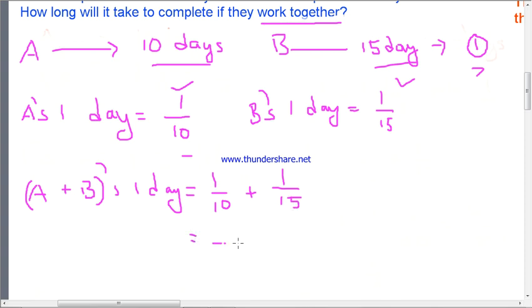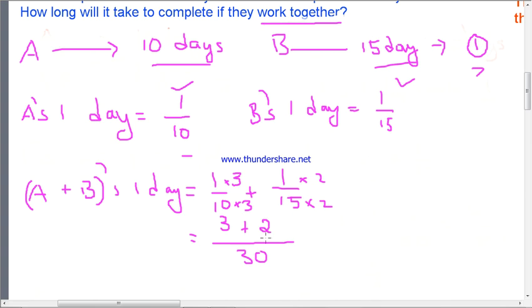So add these two. The LCM will be 30, I believe. Is it not? So 10 into 3 is equal to 30, so 3 into 1 is equal to 3, plus 15 into 2 is equal to 30, 2 into 1 is equal to 2.